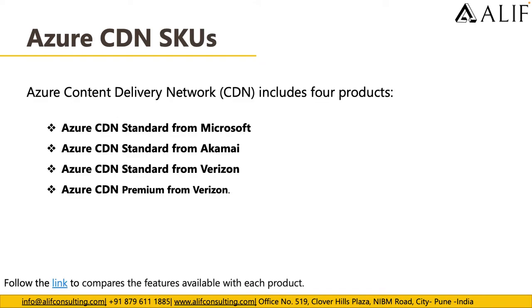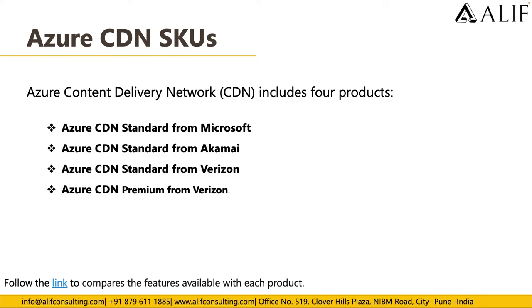Here are the SKUs. We have multiple SKUs from Microsoft, then we have Akamai, and then we have Verizon. So these three providers are available on Azure, and all of them have their own capabilities. They have a few limitations between all of these four products, so you can check the Microsoft documentation for the specific need which you have, to see if it is supported.